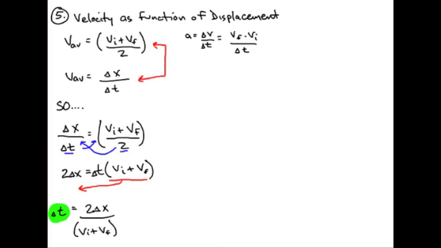And if we bring our delta t up, that means that a times delta t is equal to vf minus vi. For our purposes, we're going to go one step further and take this vi and add it to both sides, so it will wind up over here on the left-hand side. So we're going to have an equation that has v final is equal to v initial, plus a times delta t.